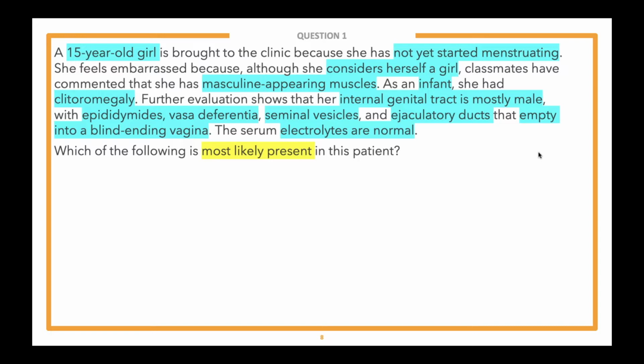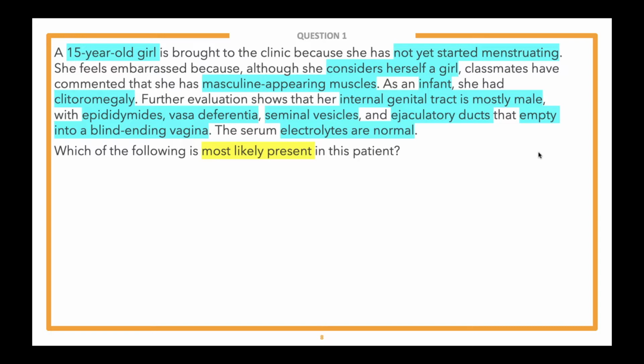So, they tell us she hasn't started menstruating. They tell us about her masculine-appearing muscles, about what her internal genitalia and external genitalia look like. All important to make note of, okay? And then also it's important to make note of any lab values they give in the situation. And in this case, they tell you that the electrolytes are normal, okay?